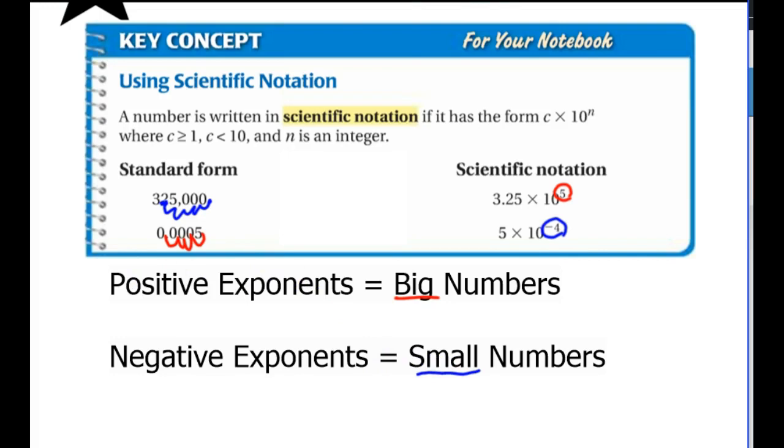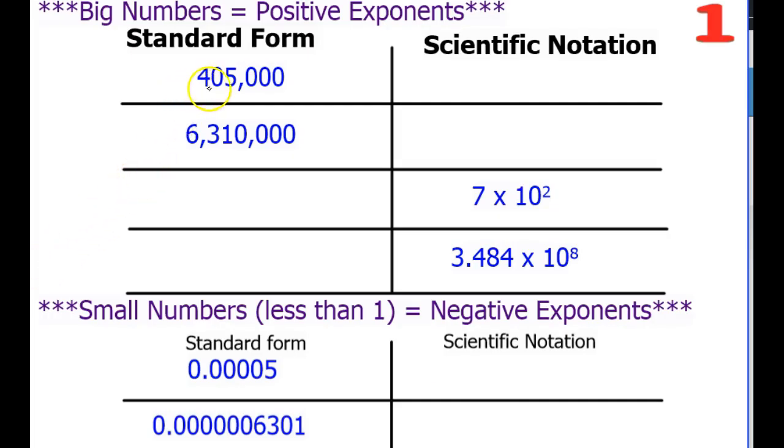So let's try a couple. Here we have the standard form, 405,000. We are going to pretend there's a decimal point right here, and we are going to go until we get it after our first number. So 1, 2, 3, 4, and 5.